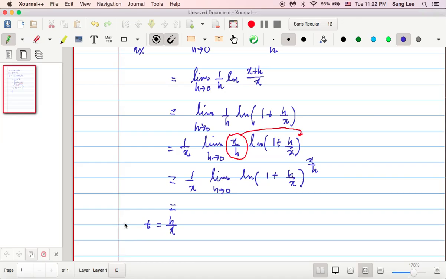Then in terms of this new variable t, when h goes to 0, obviously t goes to 0, right? Clearly you can see that. So the limit as t goes to 0, and we have ln of (1 plus t) to the power. Note that h over x and x over h are the reciprocal of each other, right? So this will be 1 over t.